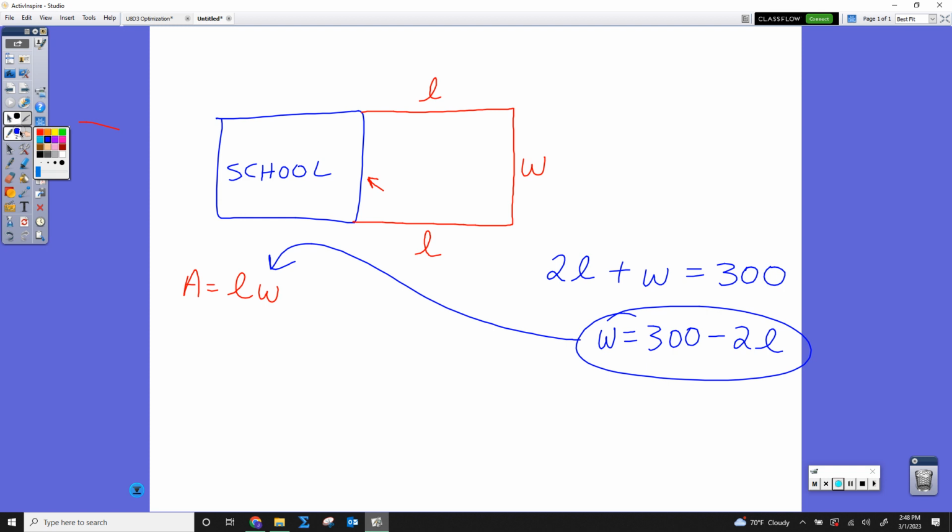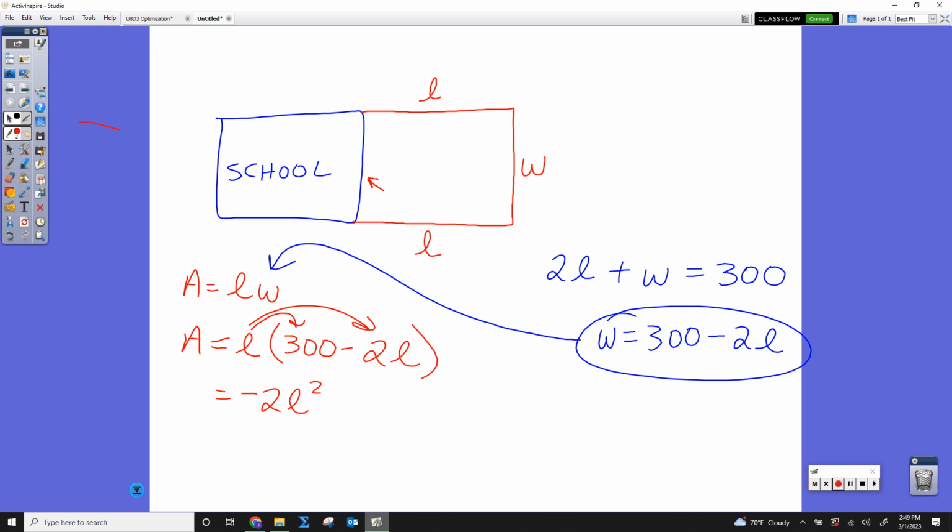So now, if we do that, our area would be length times 300 minus 2L. Now, most of you probably like it to be written with our length distributed in. So negative 2L squared, we'll write that first, plus 300L.